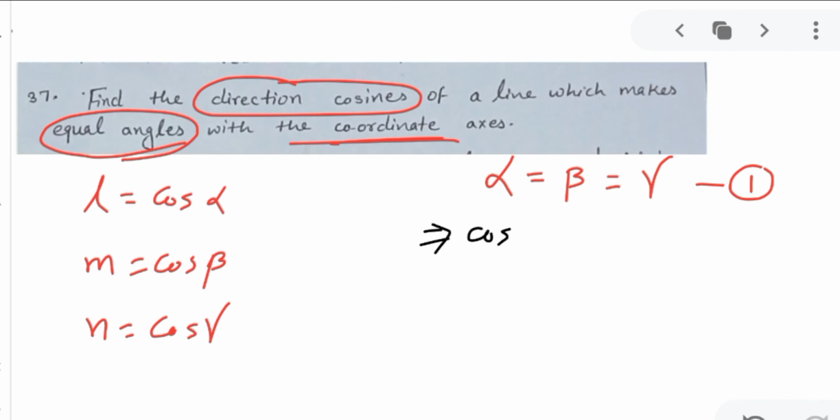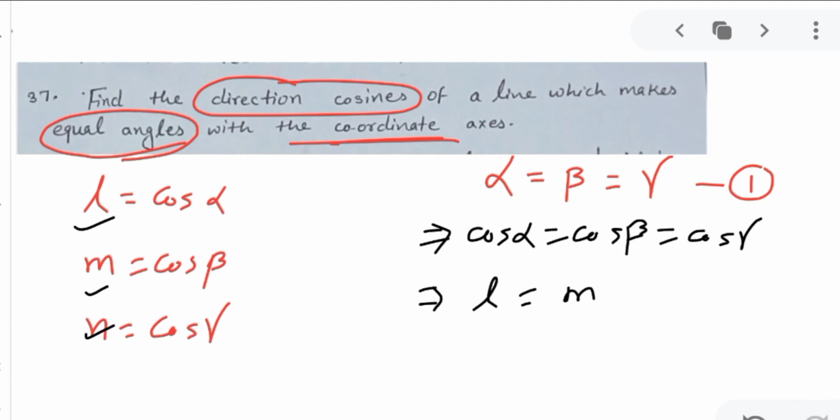So cos alpha is equal to cos beta is equal to cos gamma, which means L, M, N are all the same. This relation we got.